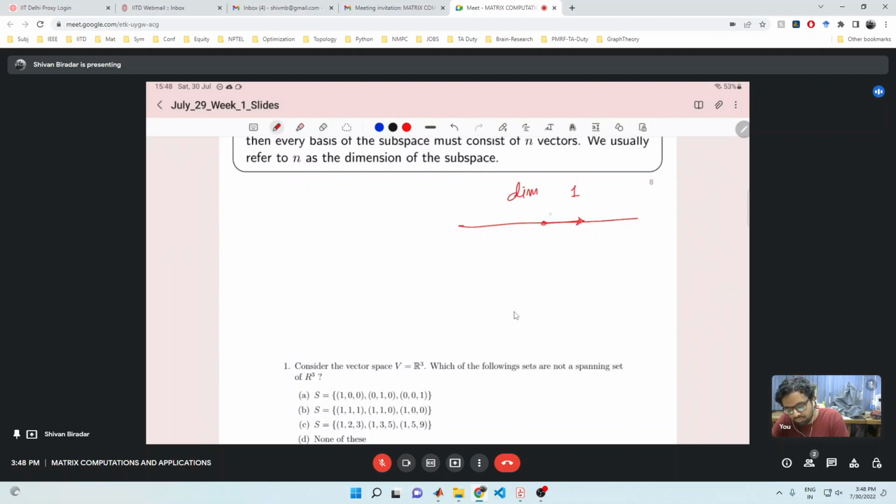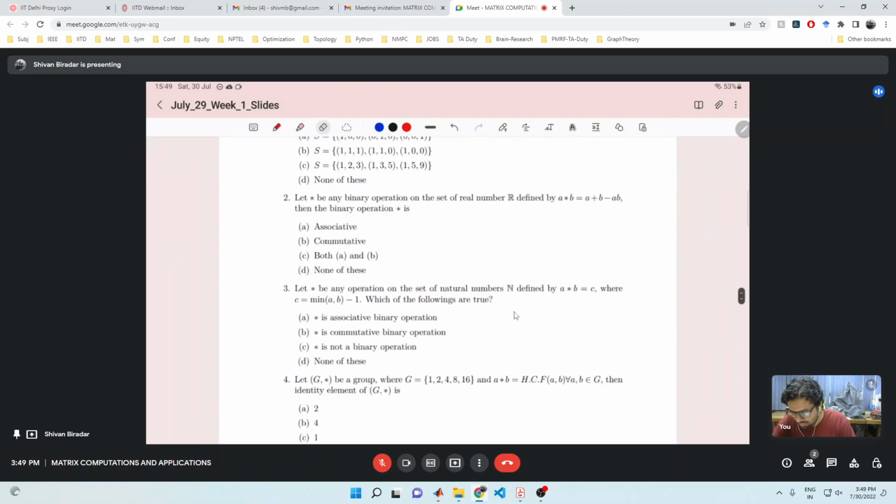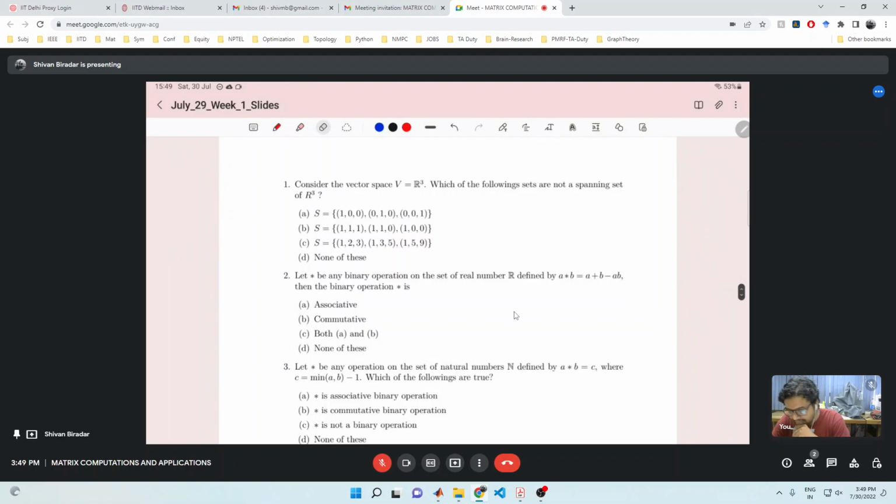The dimension to span this space is 1, the dimension to span this space is 2, and extending this, the dimension to span this space would be 3. So this was the basics, and now we'll go on to some problems.